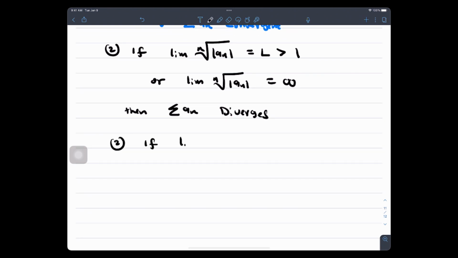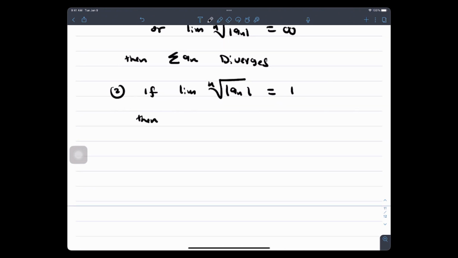And then if the limit equals 1, then that means the results are inconclusive. Try something else.